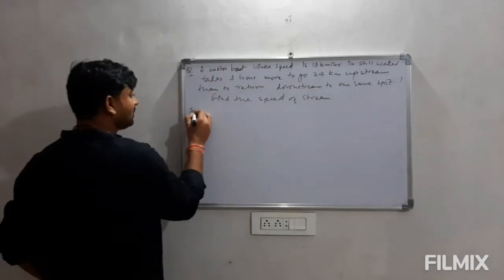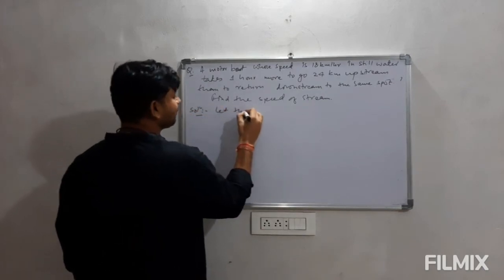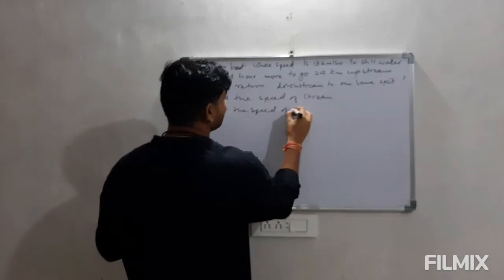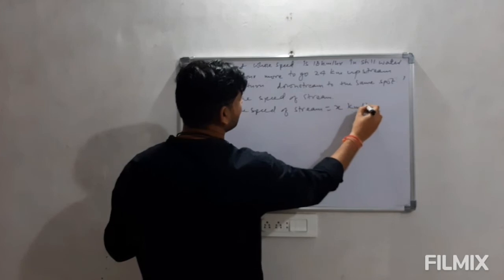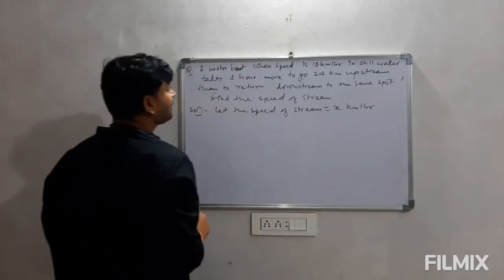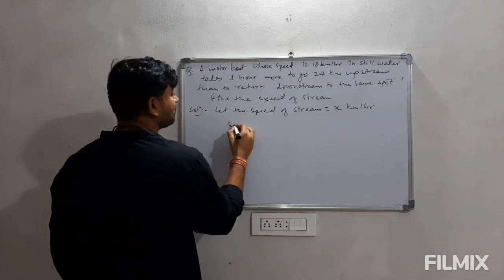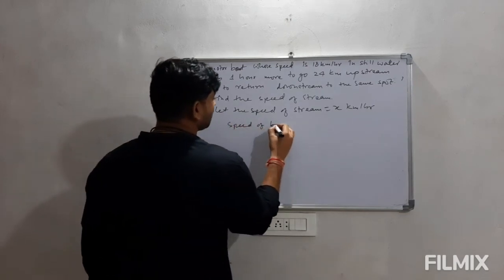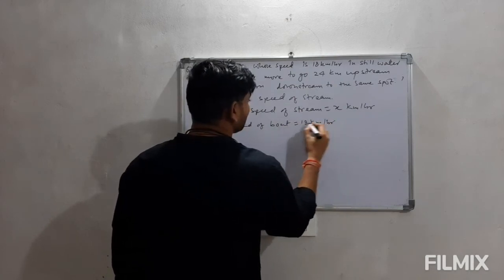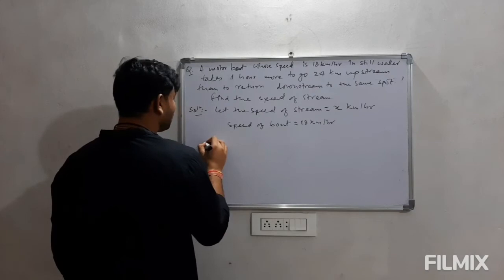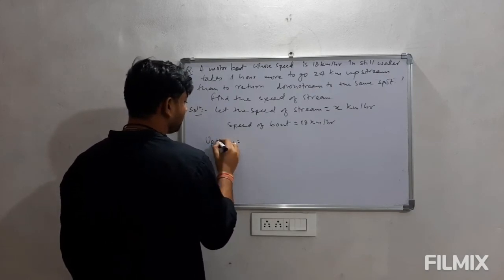Now clearly, as we have to find out the speed of the stream, let the speed of the stream be equal to x km per hour. Here, the speed of the boat is 18 km per hour. So what we can do is, if we talk about upstream, this is very simple.